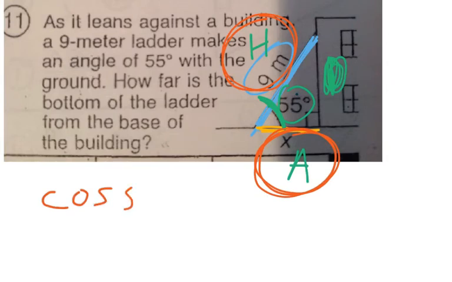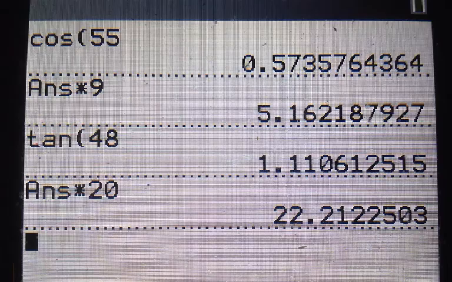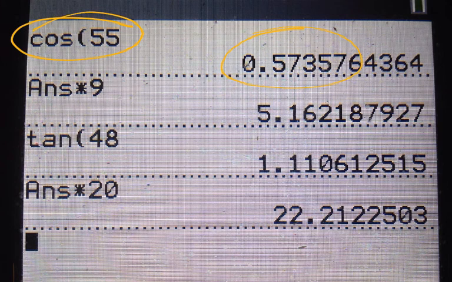So I know the cosine of 55 degrees equals the adjacent over the hypotenuse. In other words, I'm going to do the cosine of 55, times by 9, and that's going to give me my answer X. Let's do the math on the calculator. The cosine of 55 is 0.57357.